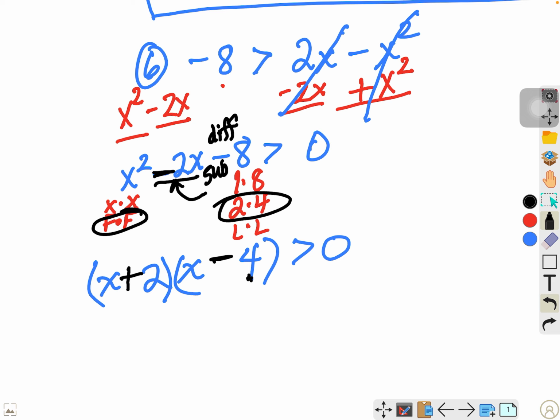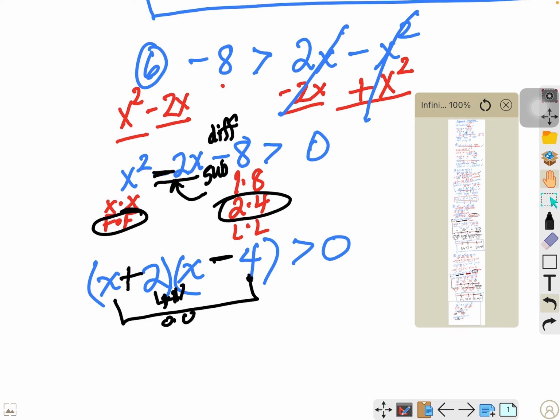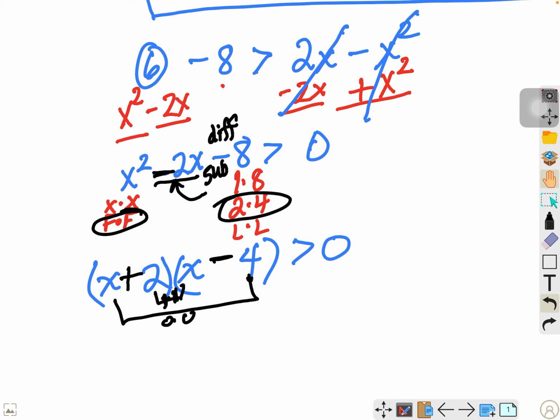If I want to check, I check the product of the inner and the outer part of FOIL, inner times inner, and outer times outer, and that will give me my middle term. So now we are going to find our critical values using the zero product property, which says I set each of these factors equal to 0 and isolate x.